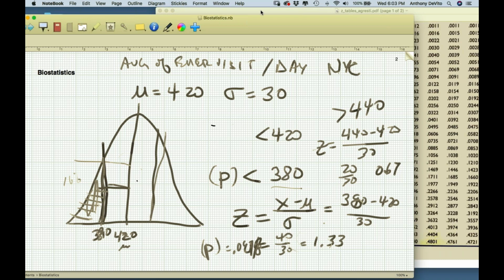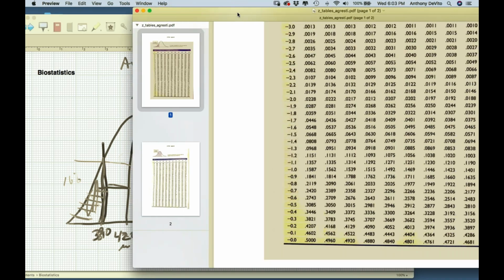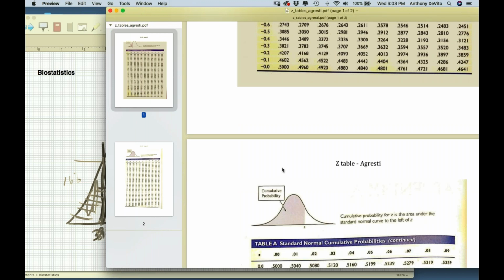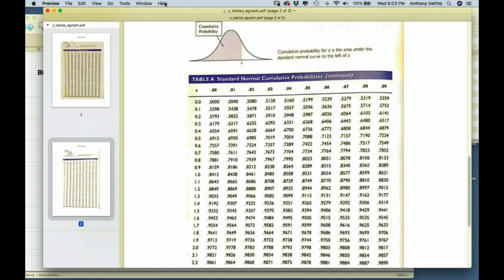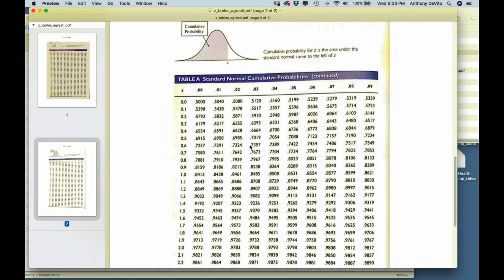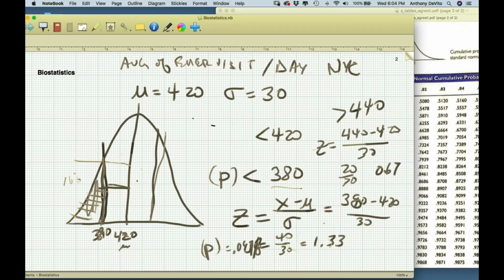Okay, so I'm going to go back to the table now and look up what that area represents. It's going to be positive because it's to the right of the mean. So it's 0.6, and 1, 2, 3, 4, 5, 6, 7 represents 0.7486. That area to the left is 0.7486, that whole area to the left of 440.